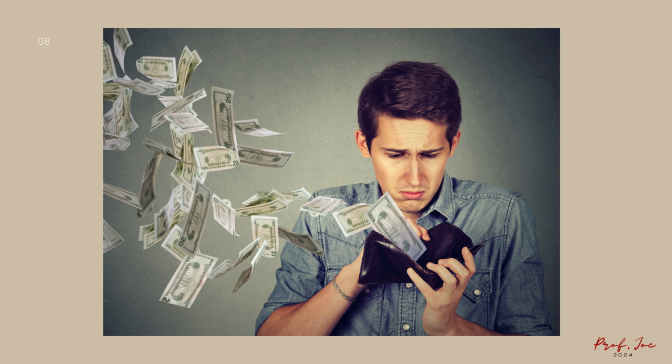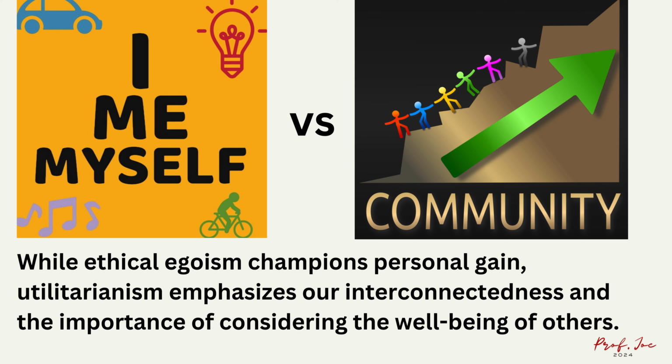These contrasting viewpoints highlight the fundamental tension between self-interest and the common good. While ethical egoism champions personal gain, utilitarianism emphasizes our interconnectedness and the importance of considering the well-being of others.